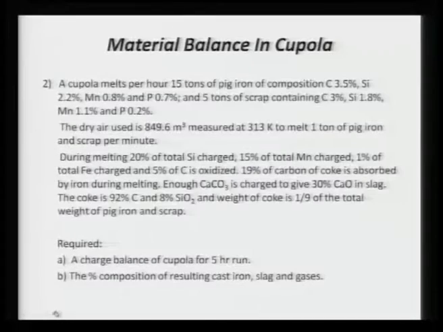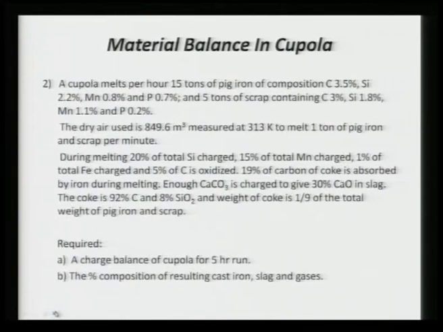During melting, 20% of total silicon charged, 15% of total manganese charged, 1% of total iron charged and 5% of total carbon is oxidized. 19% of carbon of coke is absorbed by iron during melting. Enough calcium carbonate is charged to give 30% calcium oxide.